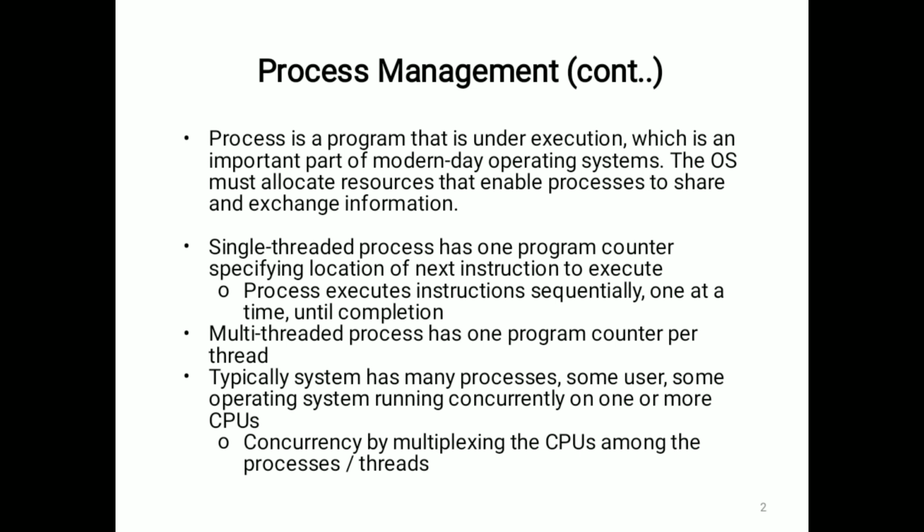Concurrently means at the same time. Concurrency is achieved by multiplexing the CPUs among the processes or threads. The execution of the processes or threads is done by providing CPU time. The CPU resource is allocated to a particular process one at a time, so a process requires CPU time to execute.